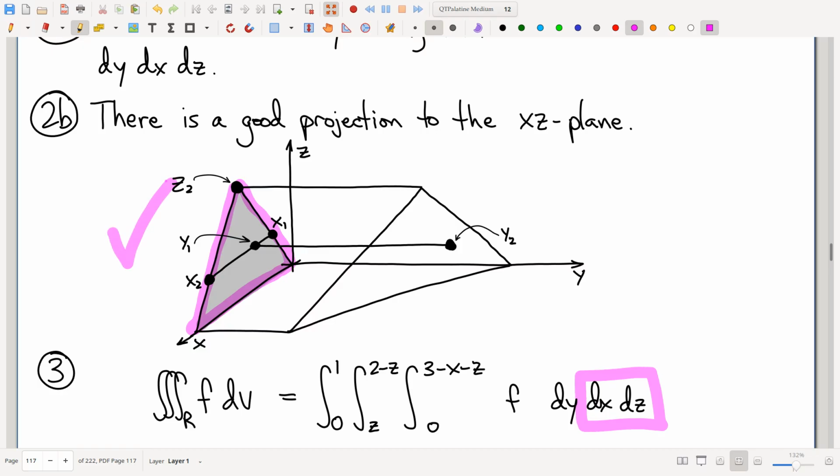Triangles are no big, right? Notice further my inside variable y, from any point in that projection, in other words, for any value of x and z, notice that my range of values of y starts at a point that's always on this surface, that always has the same equation consistently. It's one of our requirements for a good projection.